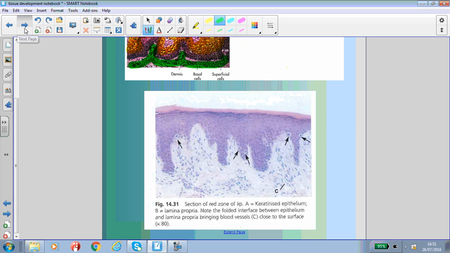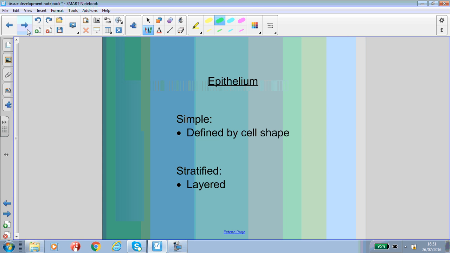So just to give you a very rough idea of the different types of epithelium and connective tissue, epithelium is referred to in two different categories as either being simple or stratified. Simple epithelium is just one cell layer thick. You've got connective tissue, you've got a basement membrane, and you've got one cell of epithelium.